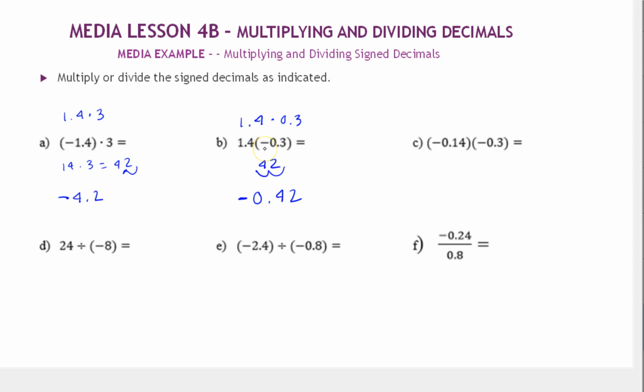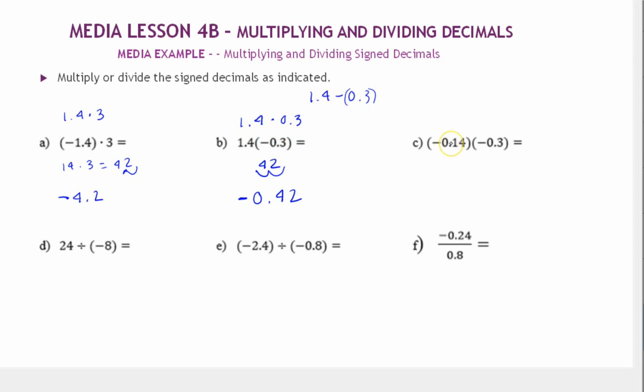This is a negative sign, not a minus, and the reason we know that is because it's in parentheses. If we wanted to write minus 0.3, we would write 1.4 minus 0.3. We could put this in parentheses, and it would still be subtraction. So what makes this a negative sign versus a subtraction sign is that it's in the parentheses.